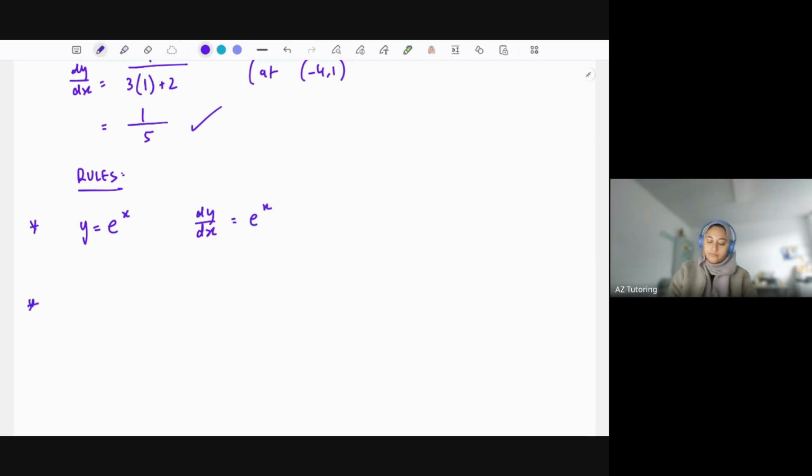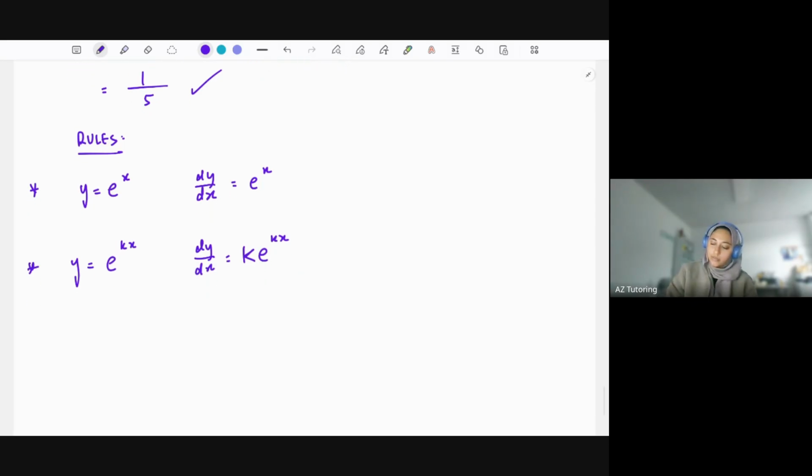Okay, your next rule. If I am differentiating y equals exponential of kx, where k is just a number, then dy over dx equals that number comes in front, and then e to the kx just remains.